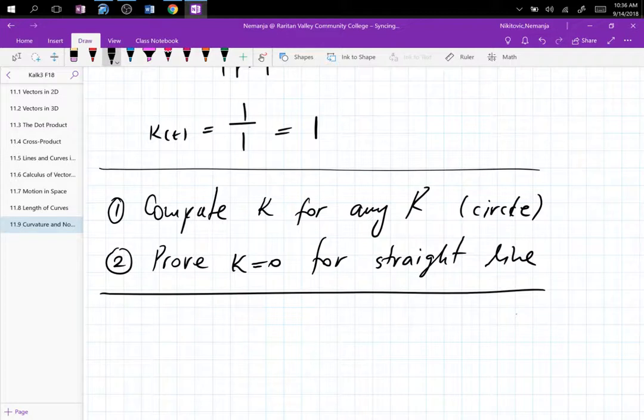So these are the 2 problems that you can do at home and practice these skills. Parametrize first to get your x and a y, or z if you want to, and then run your calculation. I hope you see that this equation is also dimension free.